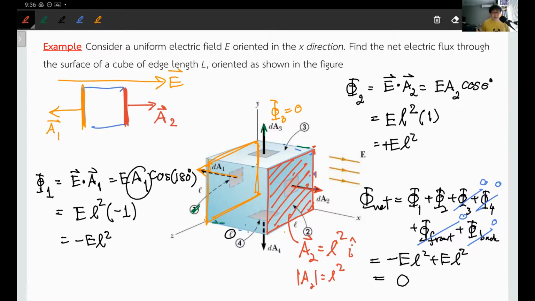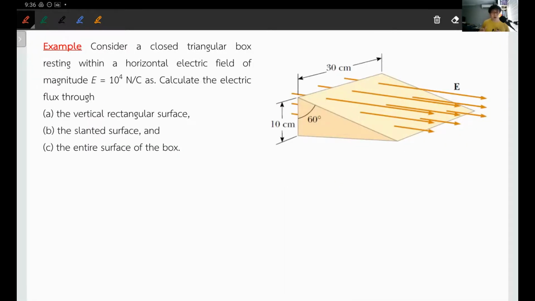Okay, let's try again. If you are still a bit confused, the next one will confuse you more, but after this, I hope it will be a little bit clearer. Consider a closed triangular box resting within a horizontal electric field. You still have the electric field in the horizontal direction.